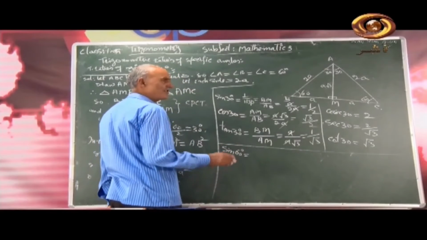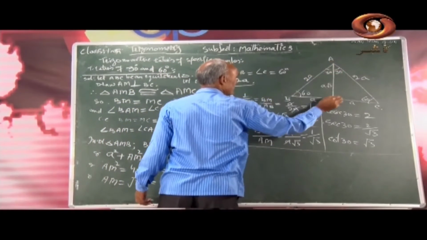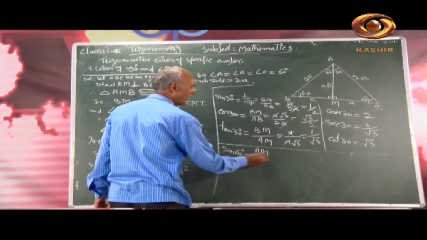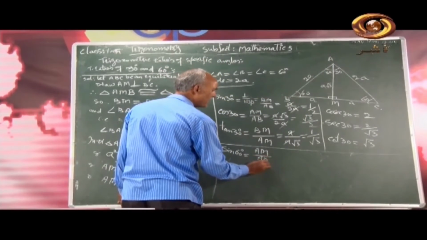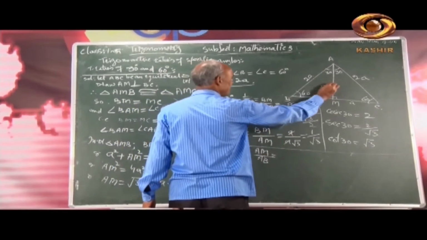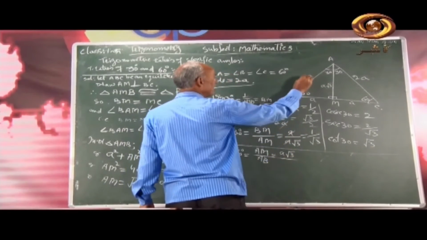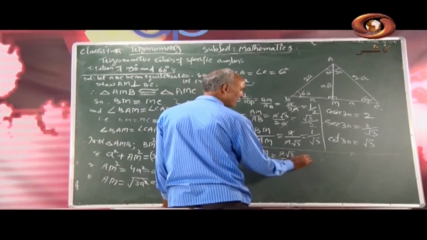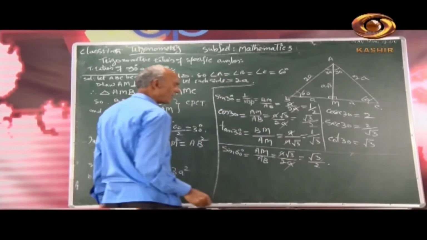So sin 60 is this time perpendicular by hypotenuse. Here perpendicular is this time AM, previously it was BM, divided by hypotenuse which is AB. So we write the perpendicular is A under root 3 and the hypotenuse is 2A. Cancel out A and A, we get under root 3 divided by 2.